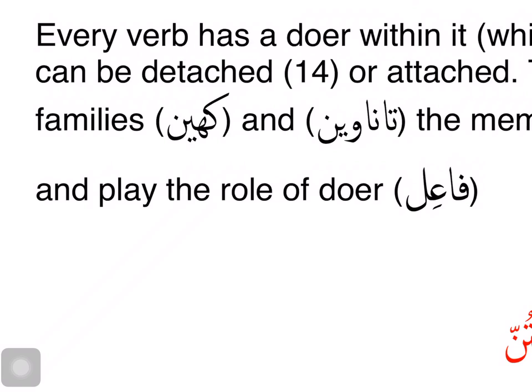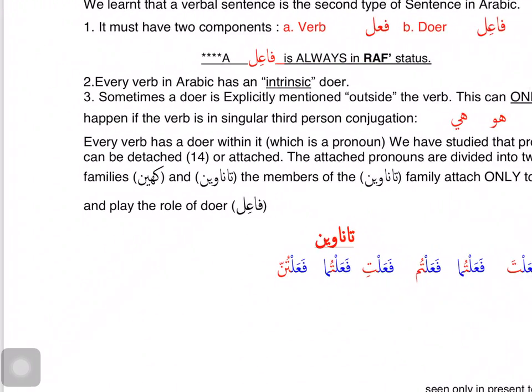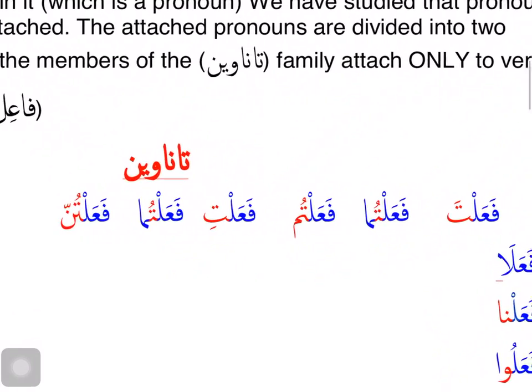It has these pronouns ta, alif, na, waw, ya, and nun. These attached pronouns are always only found within a verb. They always act only as the fa'il, the pronoun that doer that is found inside the verb. So inshallah we will start looking at these and start getting good at that.